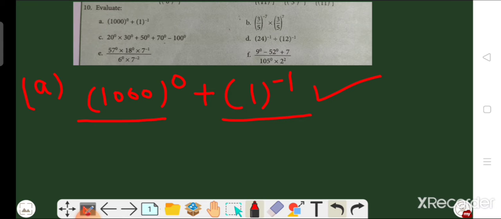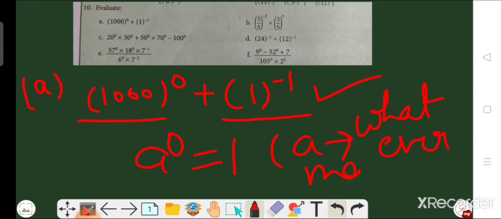To solve this question, just recall your properties of exponential terms, and one of them is a raised to the power 0 is equal to 1, whatever may be the number.